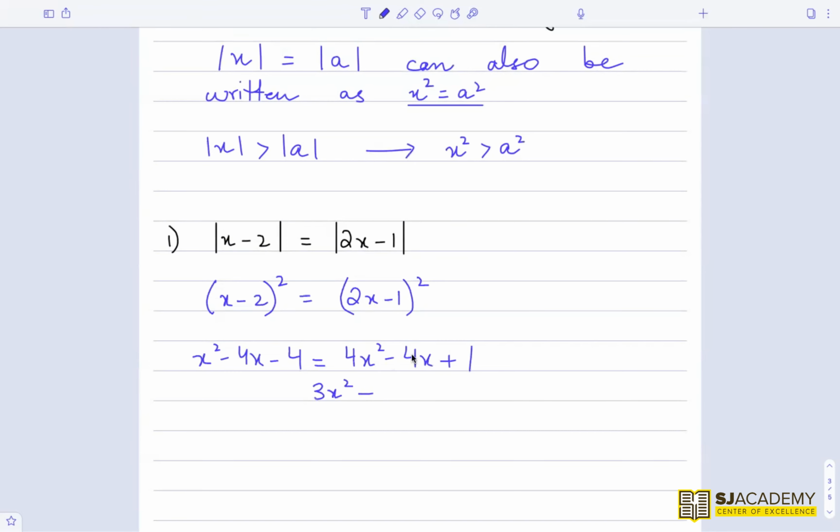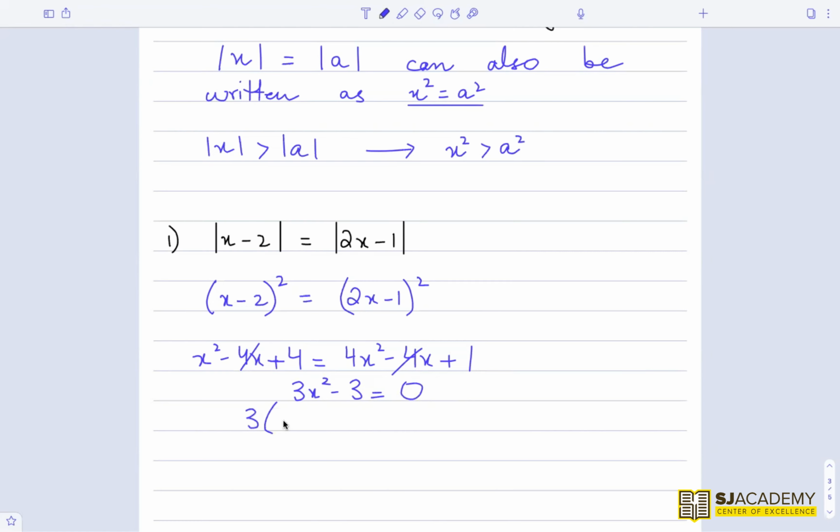-4x and -4x cancels out. So this is basically x² - 4x + 4, which will make the equation 3x² - 3 = 0.